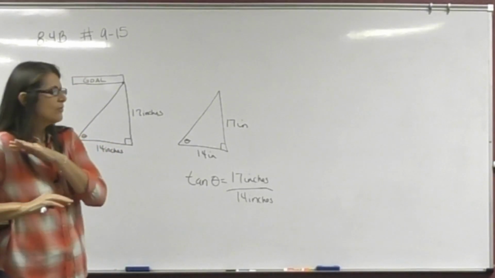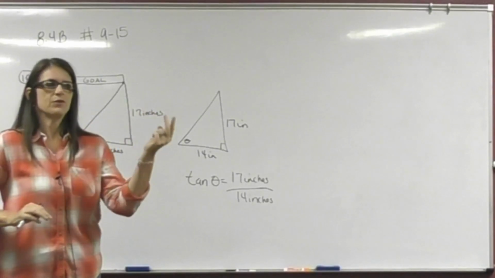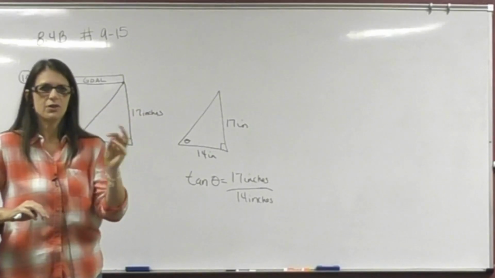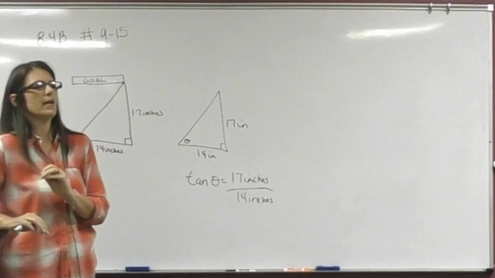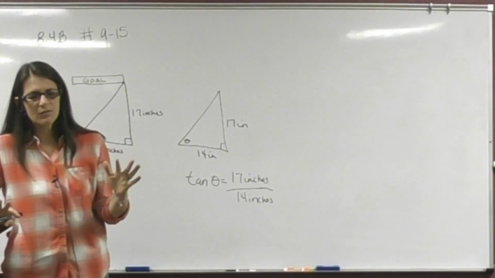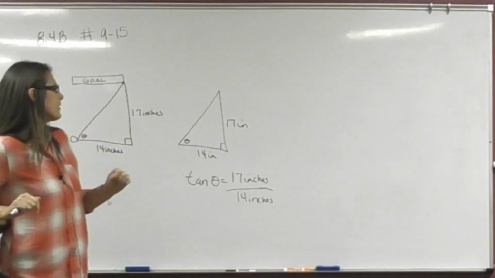Anytime I'm looking for a degree, you have to shift your trig function: shift sine, shift cosine, or shift tangent. You shift to find your degrees. If you can just remember that, it'll keep you pretty straight, okay?